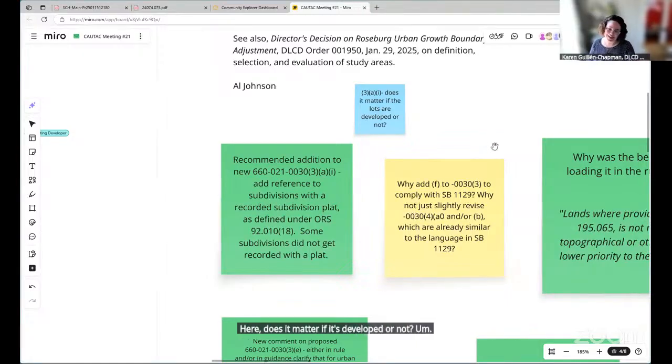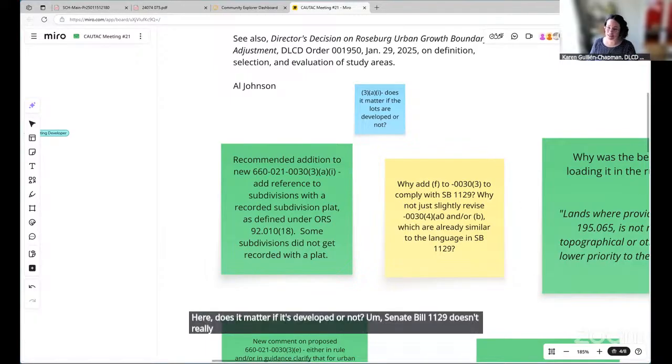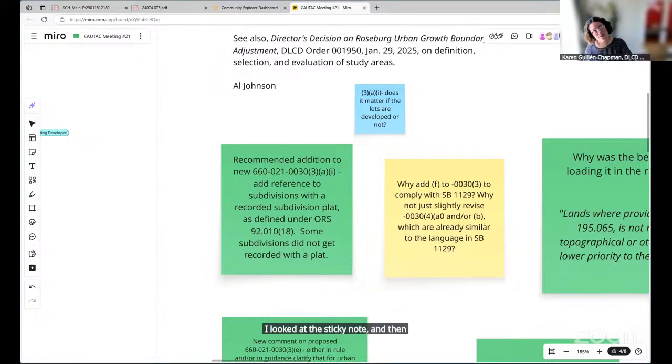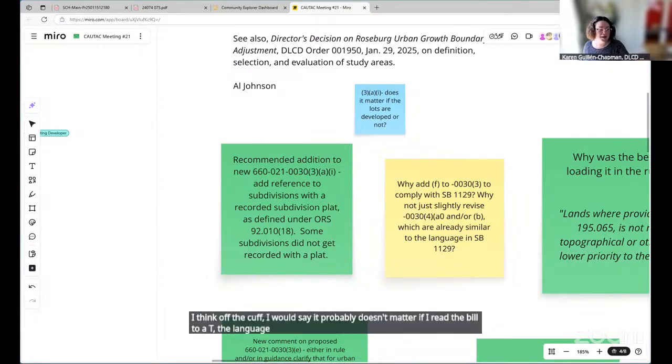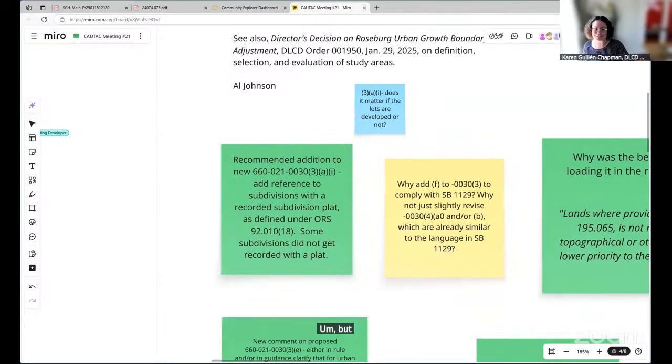Senate Bill 1129 doesn't really provide that clarity, so we would have to interpret the intent of the bill. I looked at the sticky note and then I read the bill a couple other times, and off the cuff, I would say it probably doesn't matter if I read the bill to a T, the language behind the bill. But I can't say for certain. I can't quite opine on what the intent of that bill was.